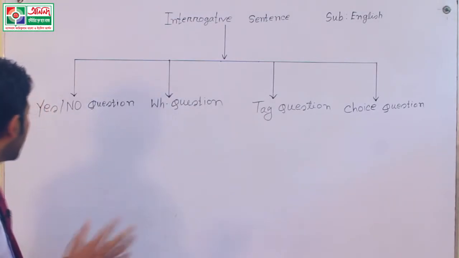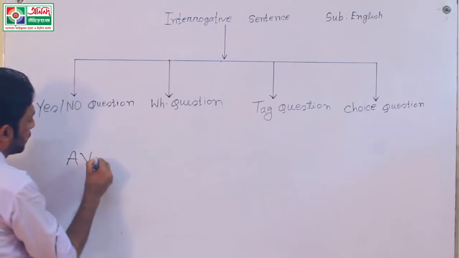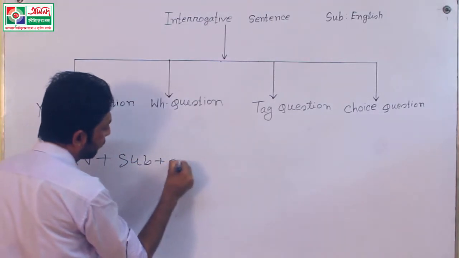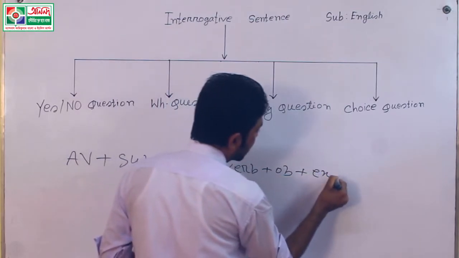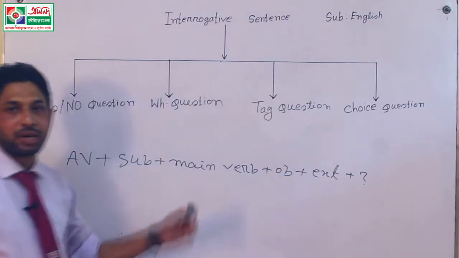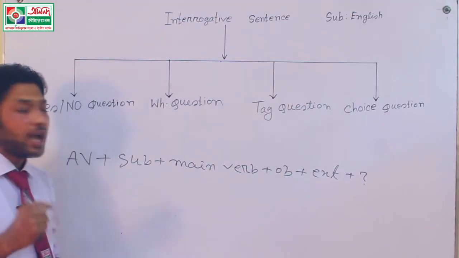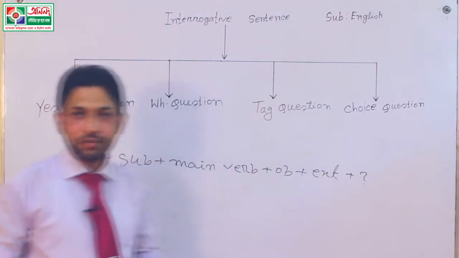First of all we will take the auxiliary verb, then subject, then main verb, then object, then extension, then question mark. My dear students, remember we have to use a question mark at the end of the interrogative sentence.